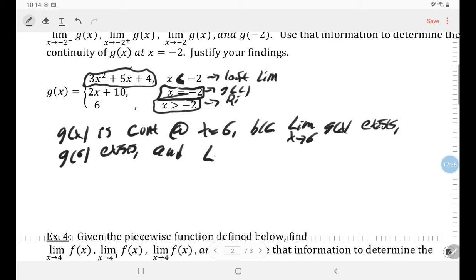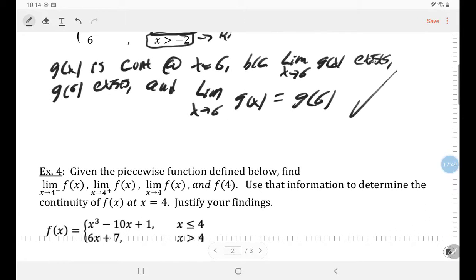And the limit as x approaches -2 of g of x is equal to g of -2. And we're done there. So like a lot of them I've done so far, it's not continuous, it's not continuous. This is how I would justify a continuous.